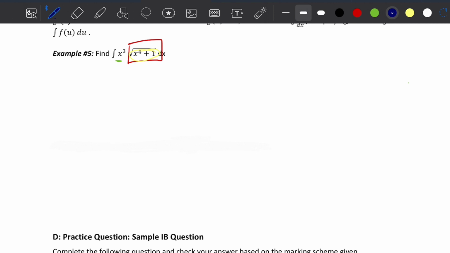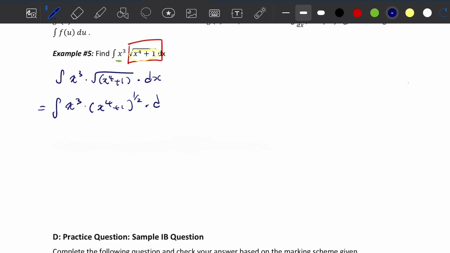So we have x cubed times the square root of x to the power 4 plus 1 times dx. We definitely don't want radicals in the process, so we change that radical to a power format: x to the power 4 plus 1, to the power of 1 over 2.